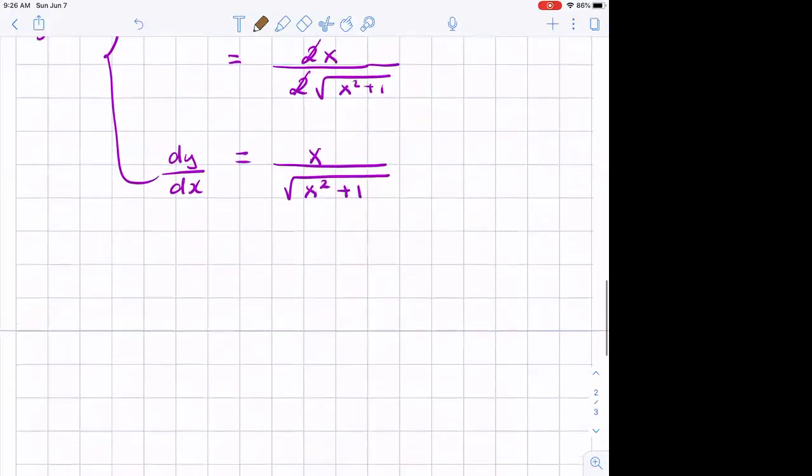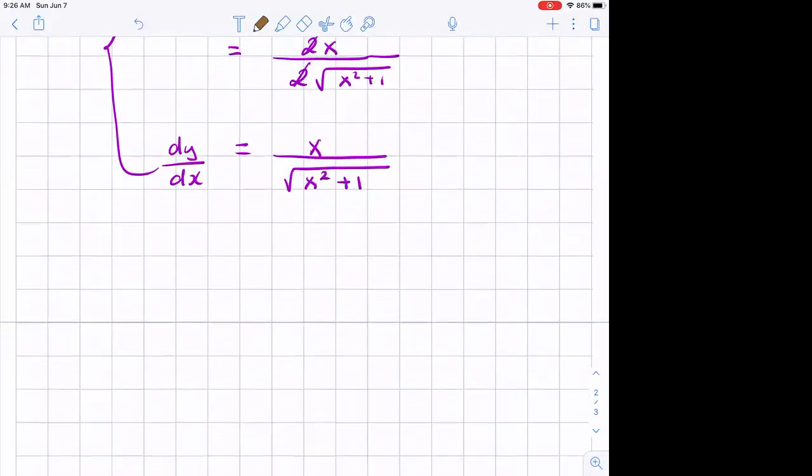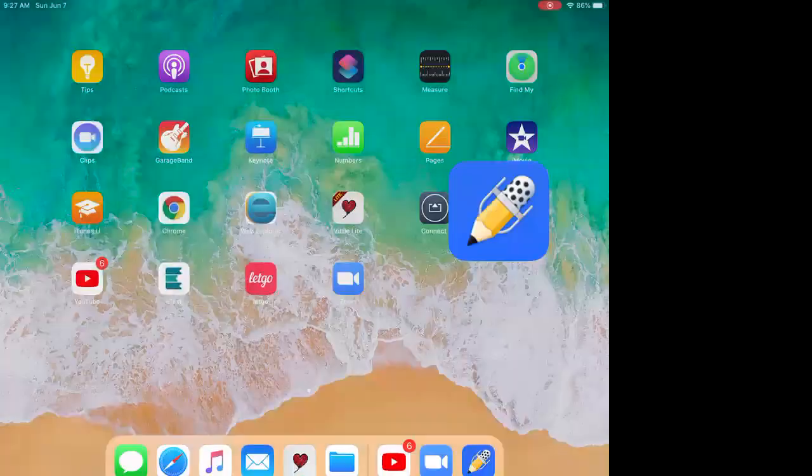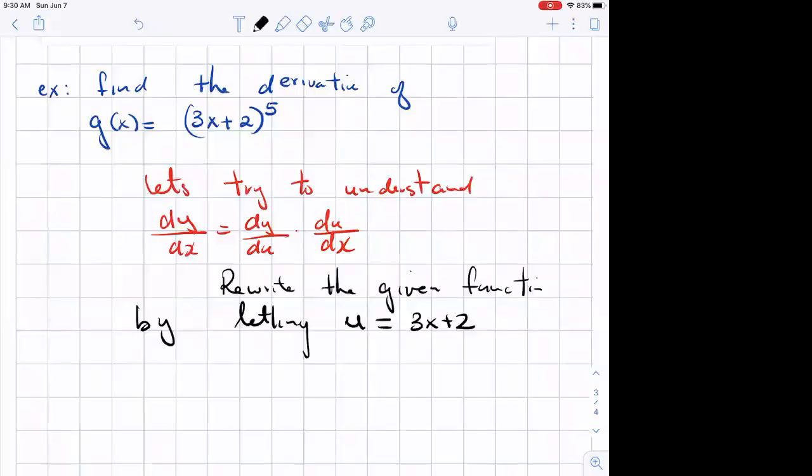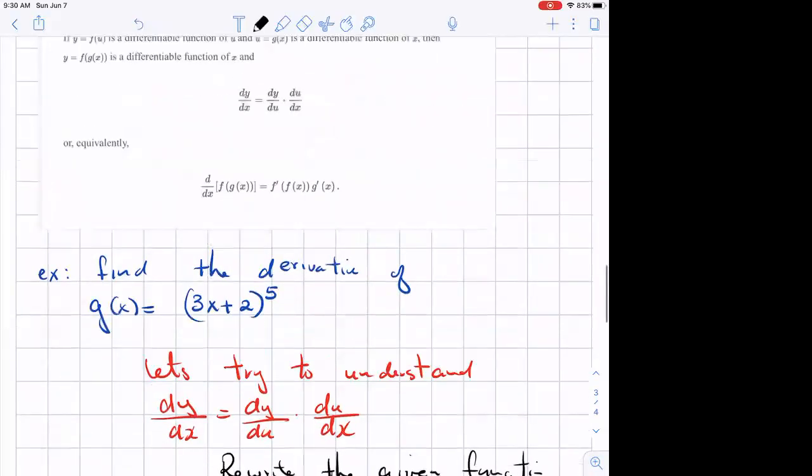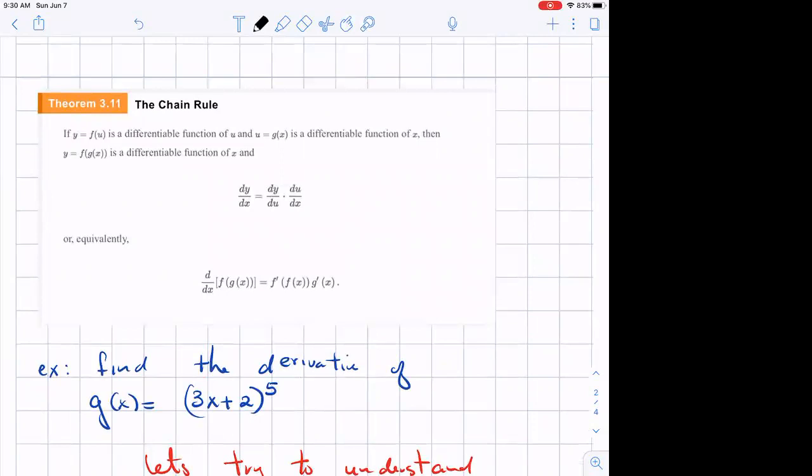Any questions on that? So this is really what the chain rule is. There's a theorem, which I'll add now. This is just showing you what's happening with the chain rule theorem.